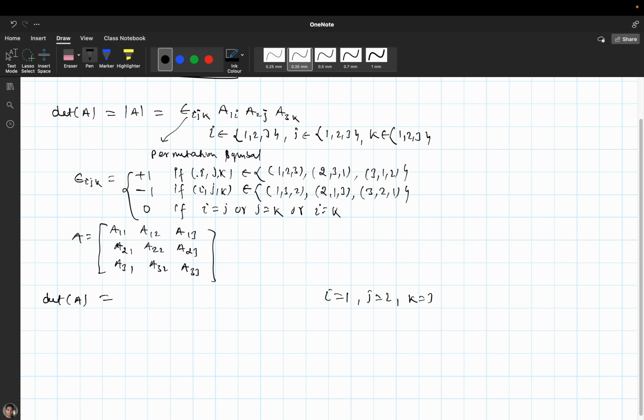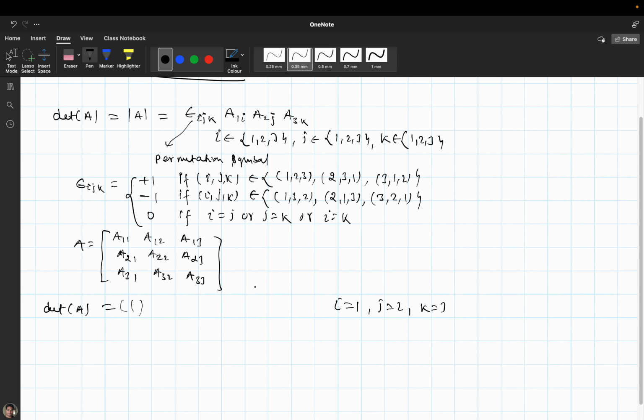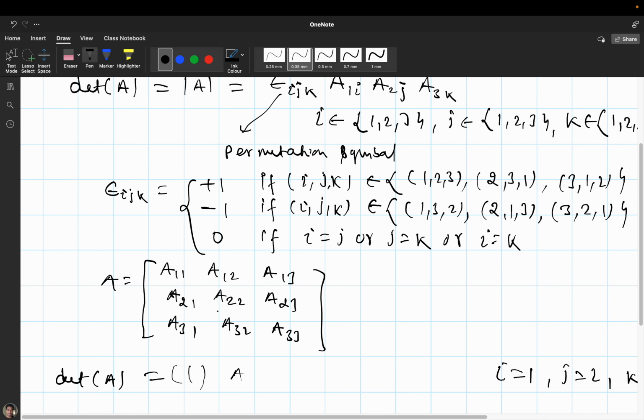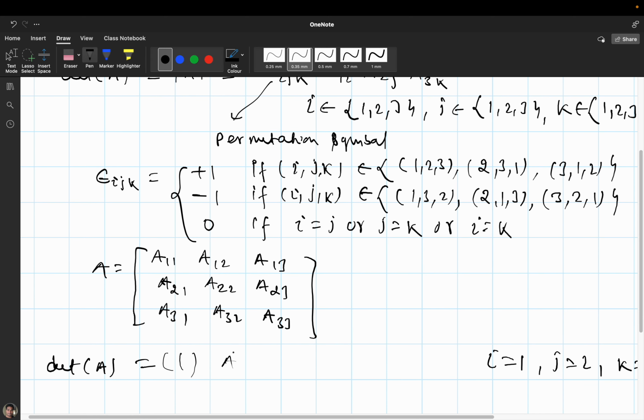And you can see that when ijk is 1, 2, 3, then the value is 1. So since we have replaced i equal to 1, j equal to 2, k equal to 3, what will I write? It's not visible clearly. So A 1, 1, A 2, 2, A 3, 3.